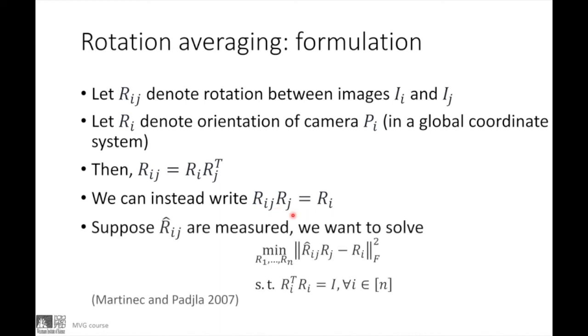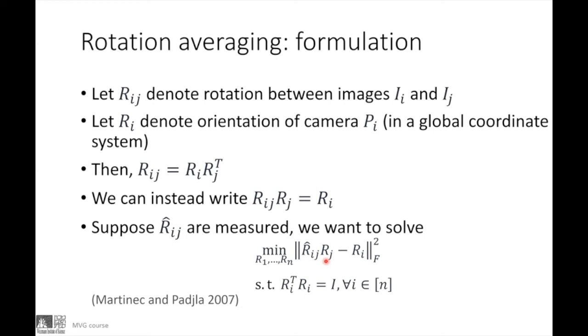So what we will want to solve is minimize over R1 to Rn of the difference, Rij hat, this is the measured Rij, times Rj minus Ri, and we take the Frobenius squared norm of this difference. This is a norm of a linear formulation in Ri and Rj.